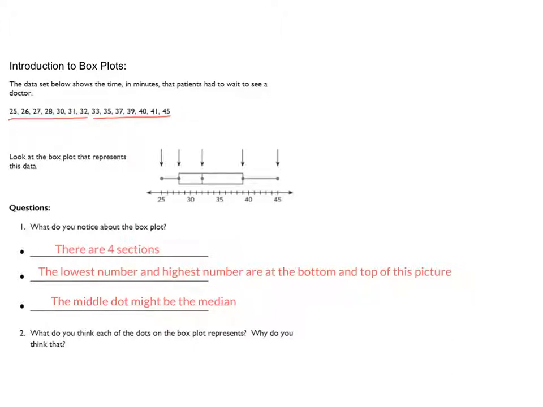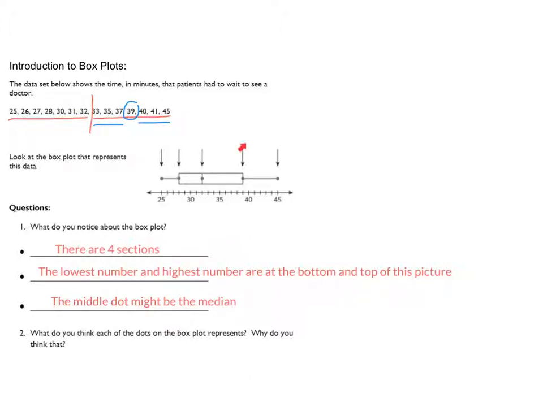If you look at this half of the data, and let me draw a line just to separate that, what's the middle number of this half of the data? So we have 1, 2, 3, 4, 5, 6, 7 pieces. So we have 3 on one side, 3 on the other. The middle of that half is 39.